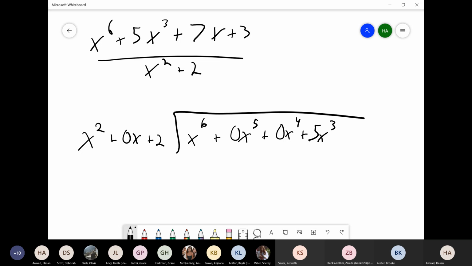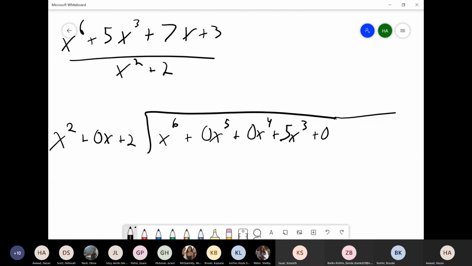We don't have a square, so we have to put another placeholder. So we put plus 0x squared plus 7x plus 3. Okay. As you guys can see, long division gets very, very long. So whenever you have the opportunity to use synthetic division, I generally recommend it. In this case, we didn't have the opportunity, but that's okay.